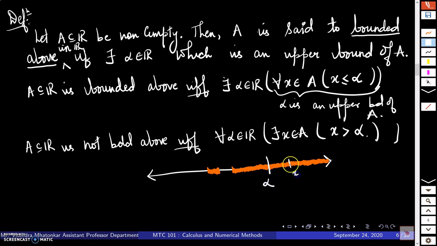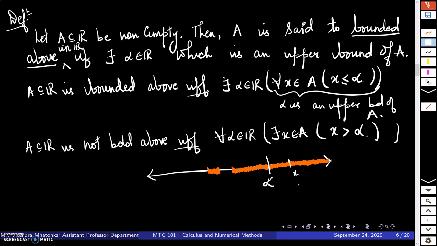There are infinitely many points of A here. So none of the real numbers can be an upper bound of A in this case. So an unbounded set, or a set which is not bounded, will look somewhat like this. Okay, I hope that's clear.